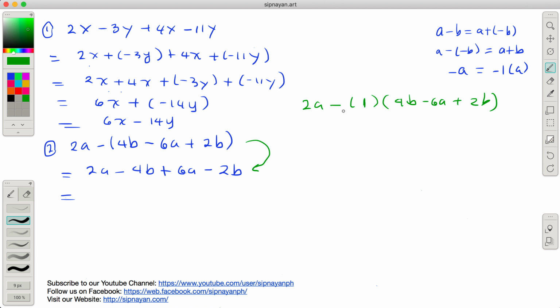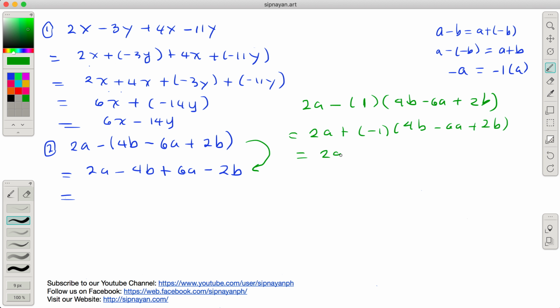And since ito ay minus 1, pwede kong gamitin itong property na to sa number 1. Pwede ko maglagay ng 2a plus negative 1, di ba? And then, again, ito. 4b minus 6a plus 2b. And then, pwede ko na i-distribute to.